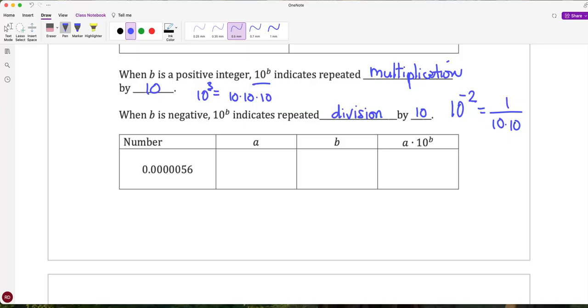So let's look at this one. This number is 0.000056. The number that's between 1 and 10 is going to be 5.6. In order to get that to be 5.6, I'm making the number larger, moving the decimal 1, 2, 3, 4, 5, 6 places.